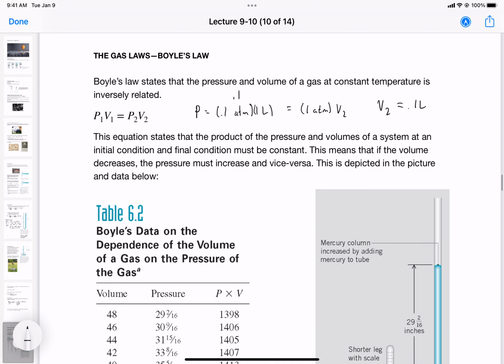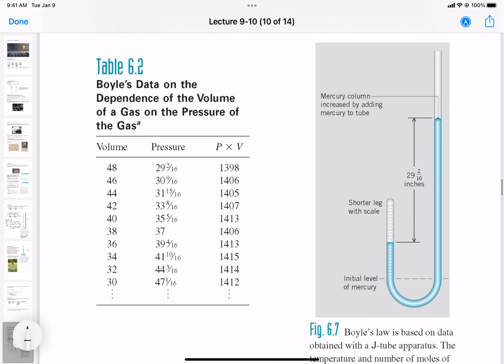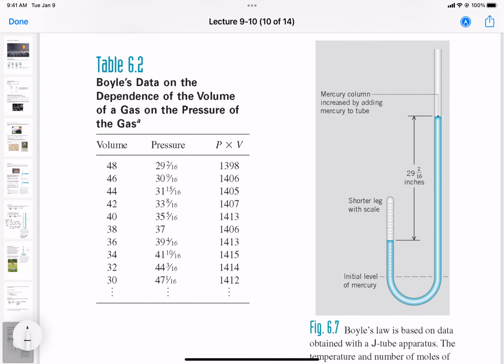All right. We can actually depict Boyle's law using these two graphics here. The initial level of mercury is right here, so this is the initial volume. The initial mercury has been displaced because we've added more mercury into the apparatus.